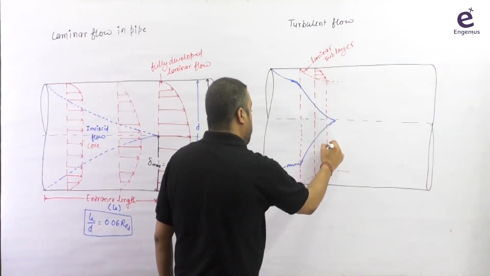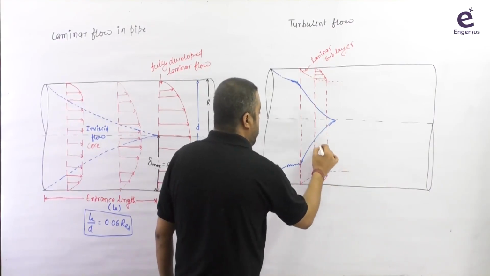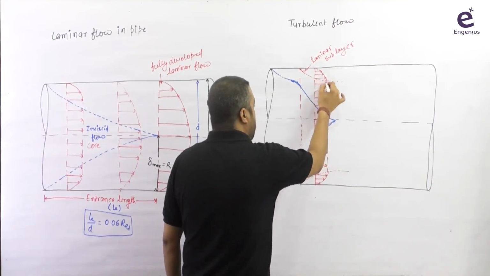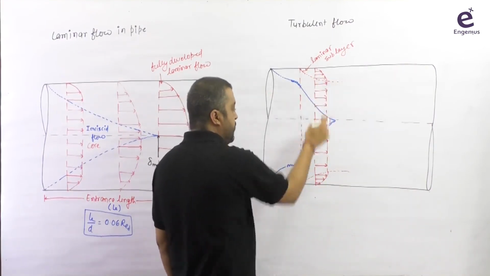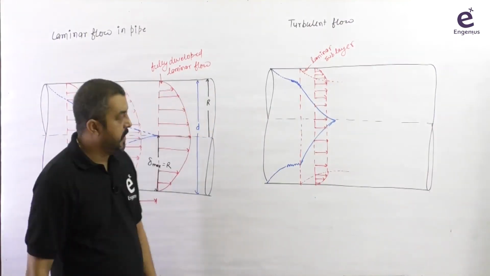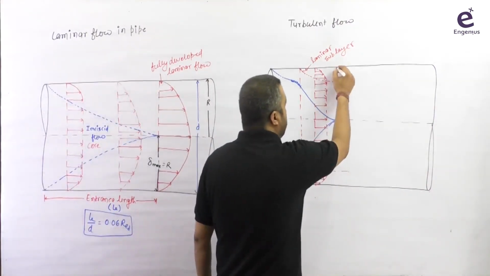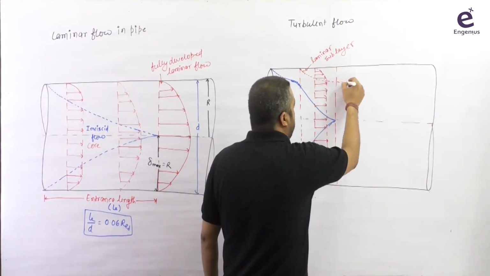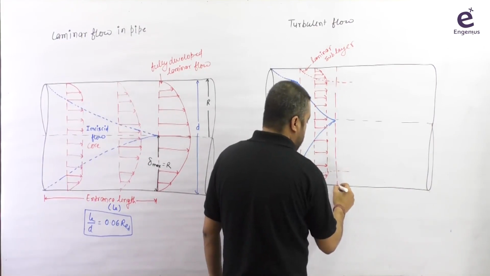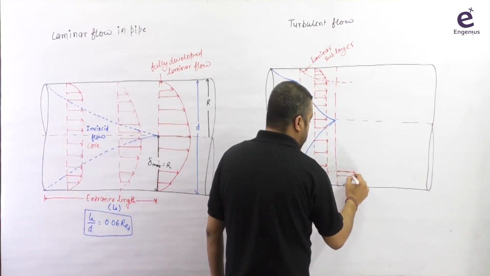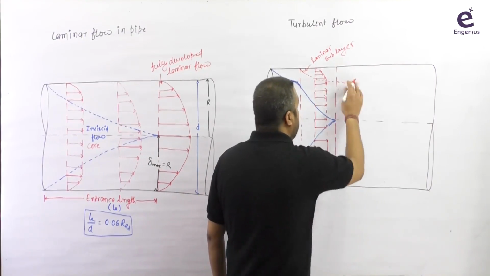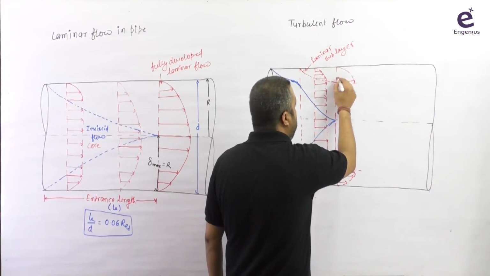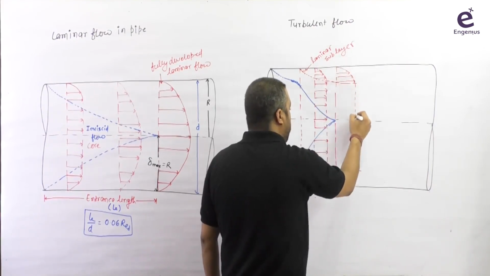The behavior is the same within this core and also here, so the profile is almost flat. So up to this point there is a profile like this within the laminar sublayer, and then it is almost flat here.